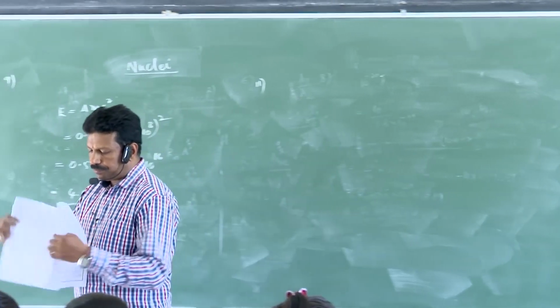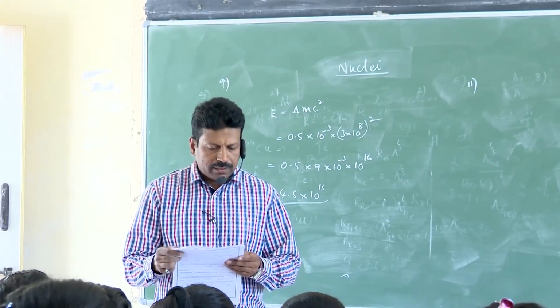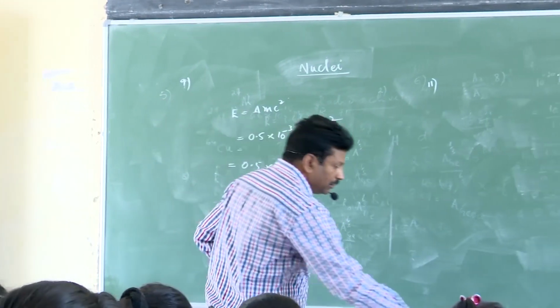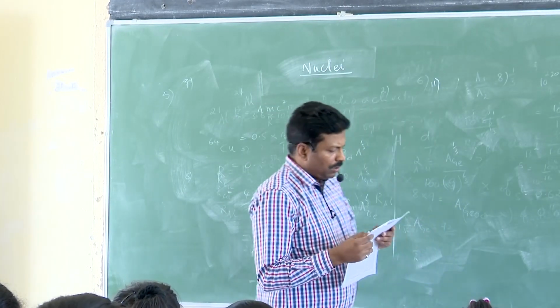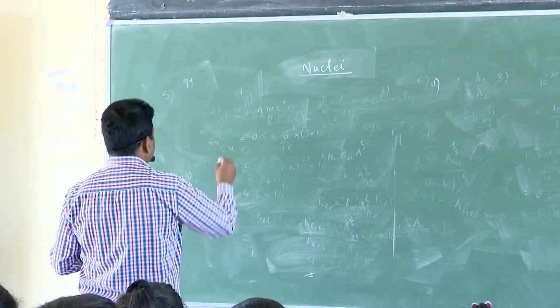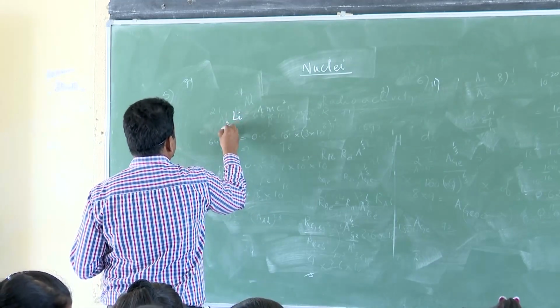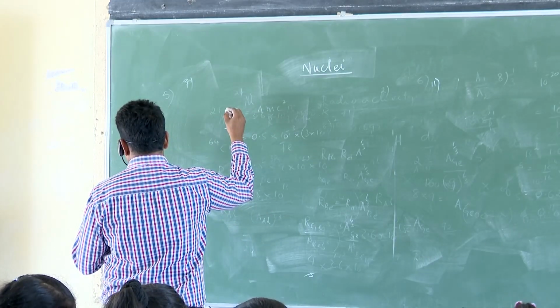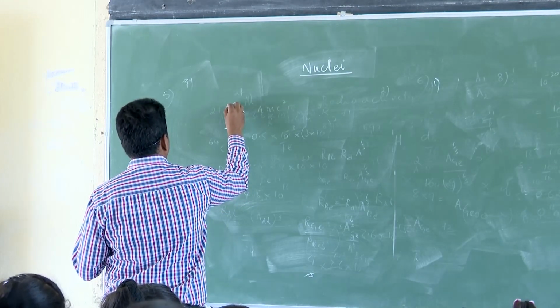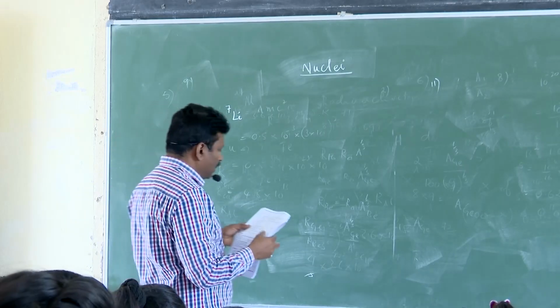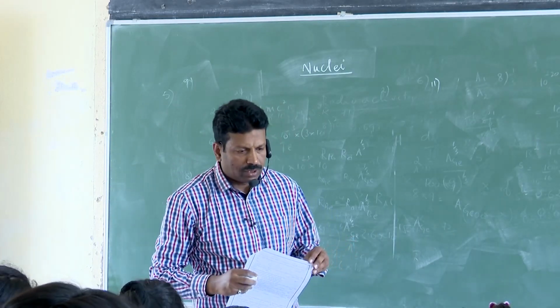Next one is that the mass of a lithium, Li, it is lithium 3, I think it is 6 or 7, it's not printed properly there, 7.